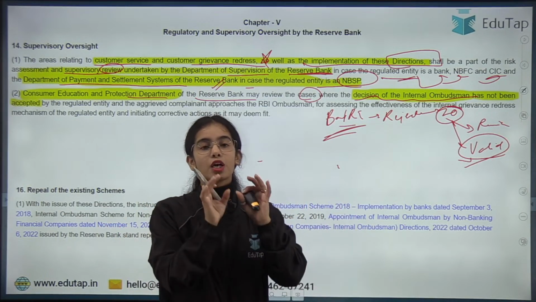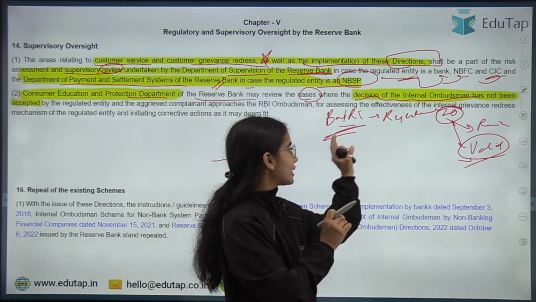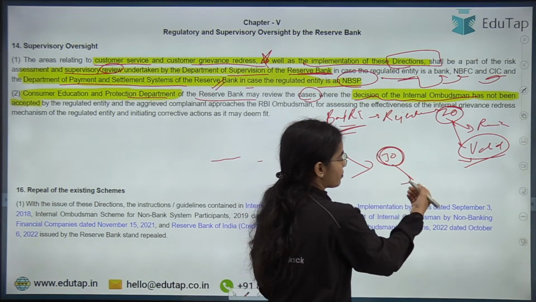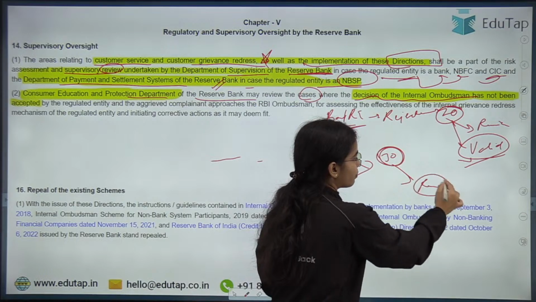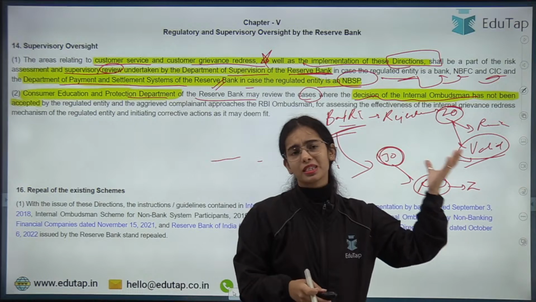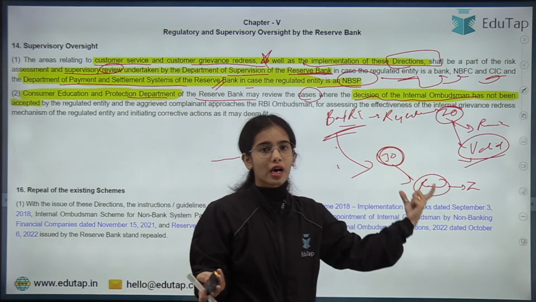So in this case, if finally the bank has said within 30 days that the complaint of Ram is invalid, and Ram is now going to the RBI ombudsman because the bank is not listening.